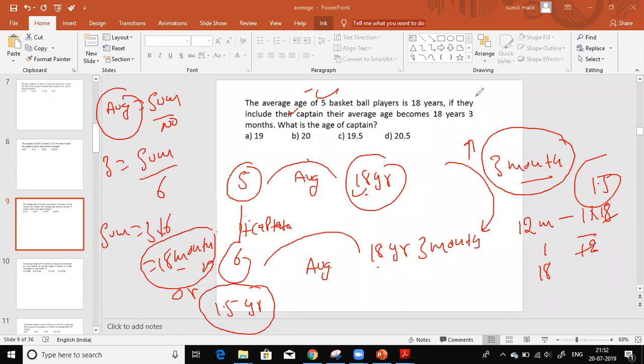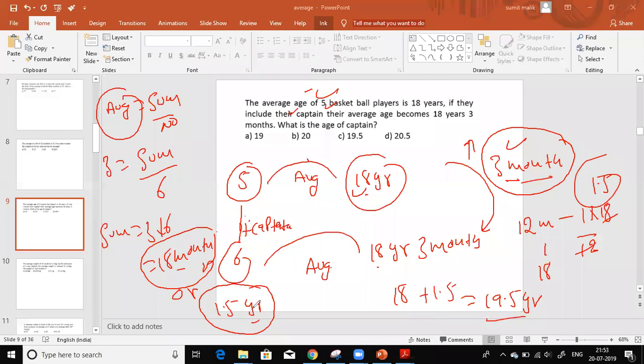Now finish. What is being asked? The age of the captain. So age of captain will be 18 plus 1.5 year, that is equal to 19.5 year. Because average is increased by 3 months, the total age will be increased by 1.5 year.